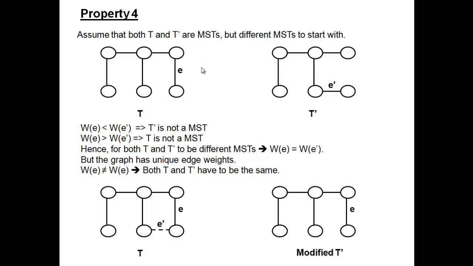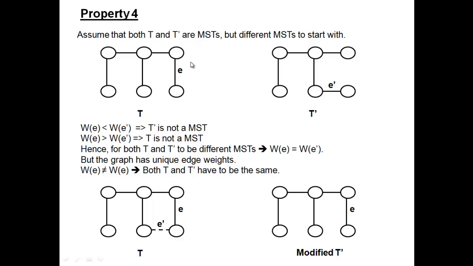So if that's the case, if you want to compare the edge weights, we cannot say the weight of E is less than the weight of E prime. We cannot say the weight of E is greater than the weight of E prime. So the only scenario is the weight of E has to be equal to the weight of E prime. Then only both T and T prime could be minimal spanning trees.